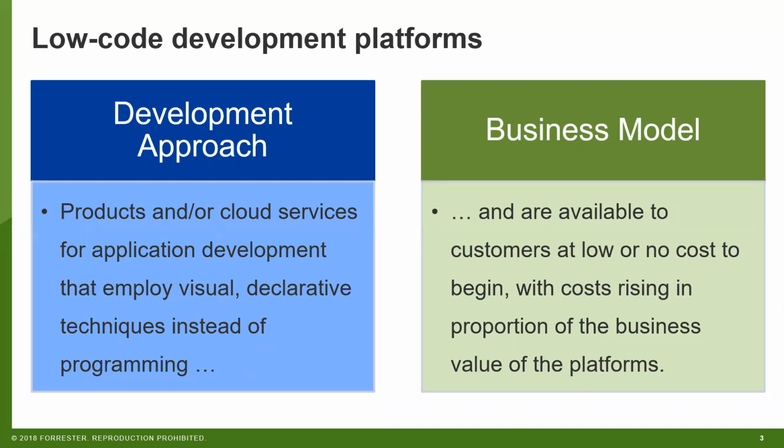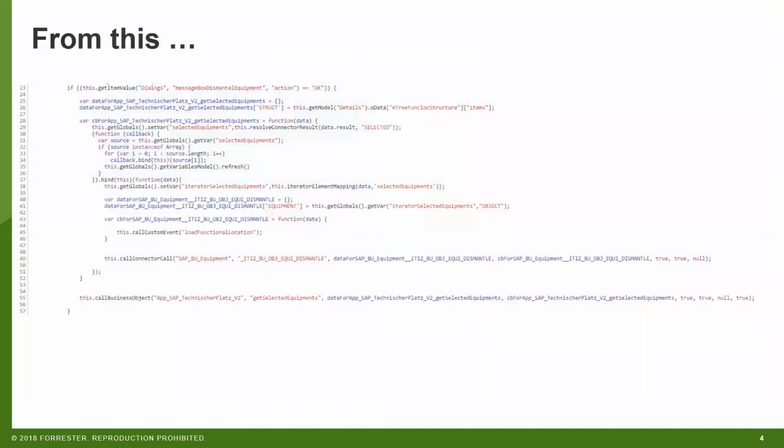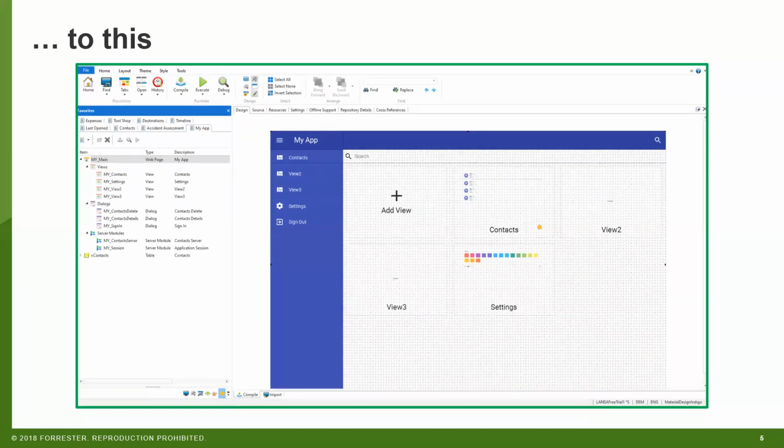When we say declarative development techniques, if you go to the next slide, what we're really talking about is moving from this, which is code in an editor, next slide, to something like this. This is a screenshot from LANSA. You can see it's a very different experience.